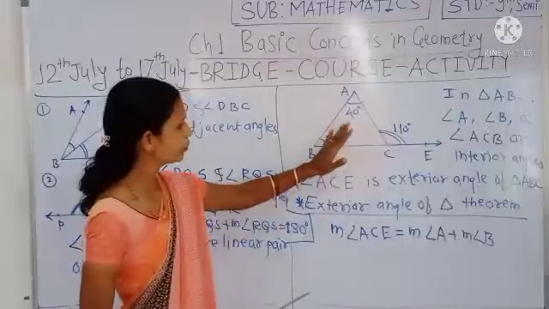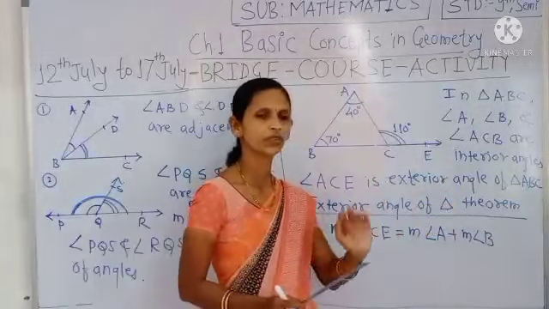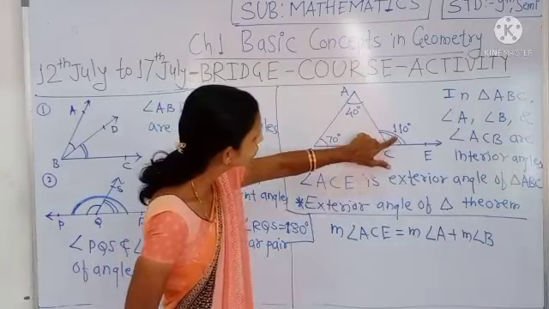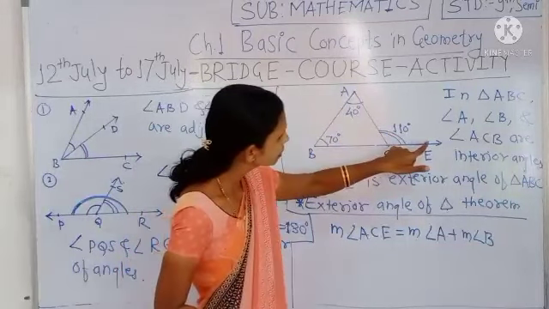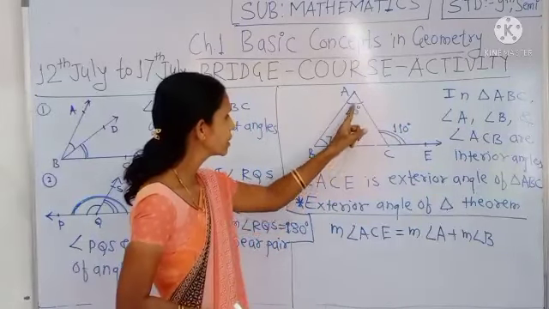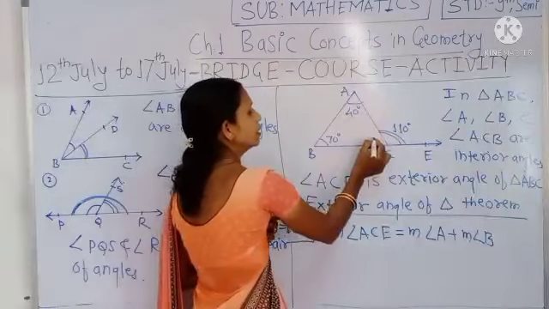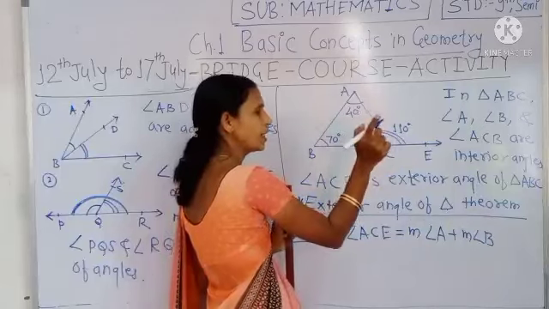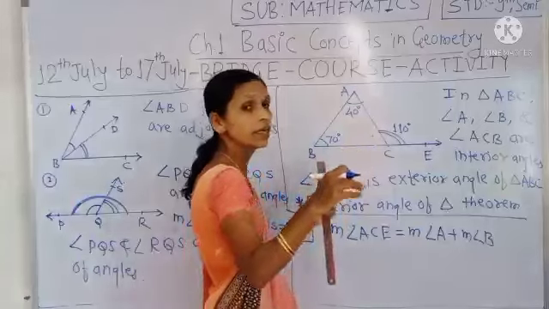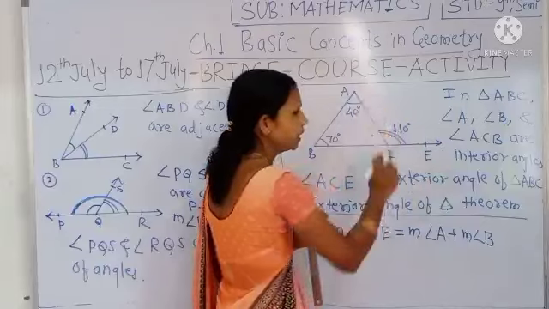That property is called the exterior angle theorem of triangle. Measure of exterior angle of a triangle is the sum of remote interior angles. See here, angle ACB is also an interior angle, but here angle A and angle B are the remote interior angles of that external angle ACE.